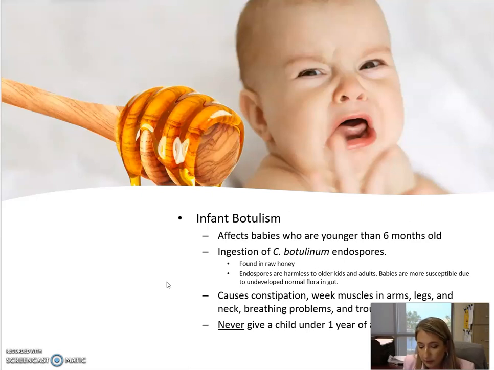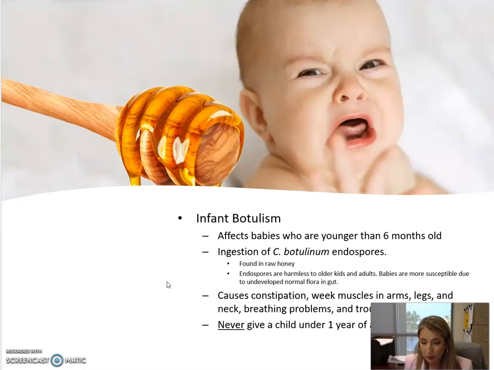So for this reason, you should never give a baby under 1 year of age raw honey. Raw honey can contain Clostridium botulinum endospores. Like I said, if a child or an adult ingests it, that's fine. The endospores are likely going to pass through the gastrointestinal system without any complications because of the normal biota that we have.